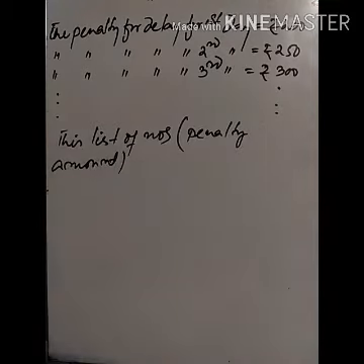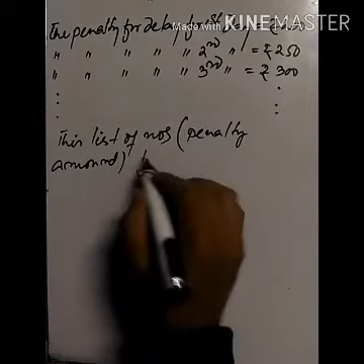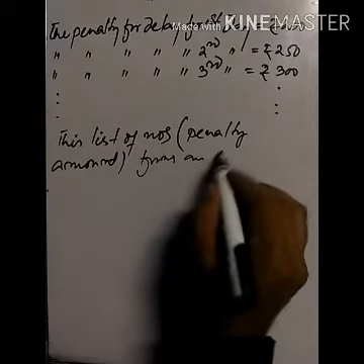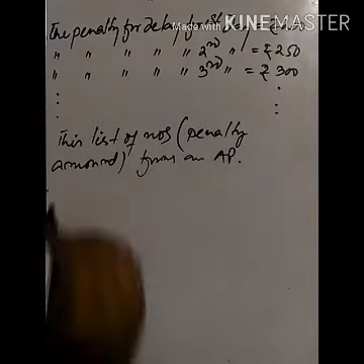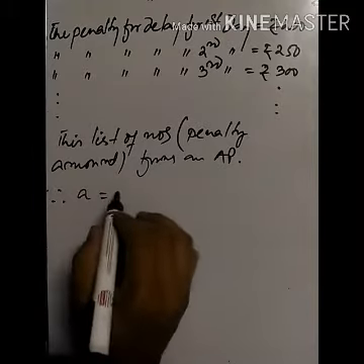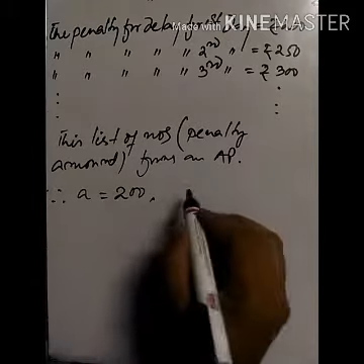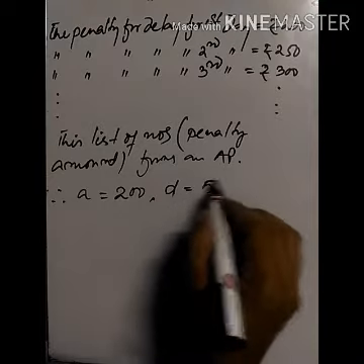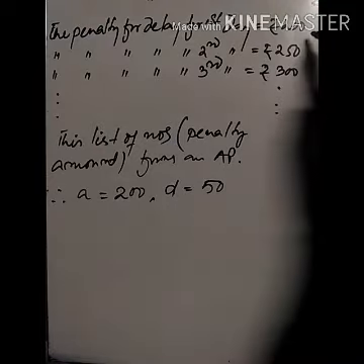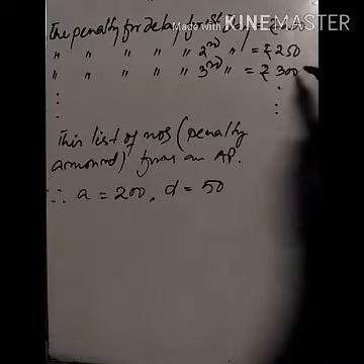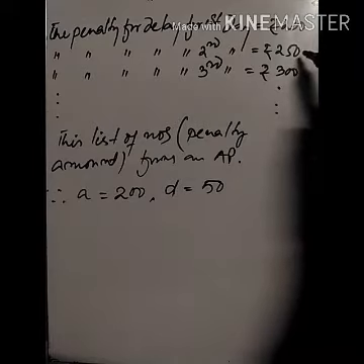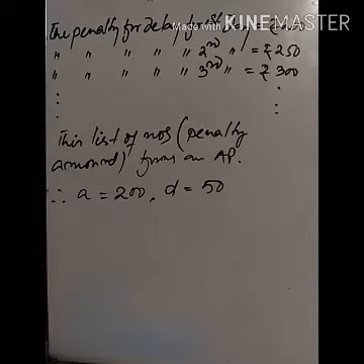You can give it inside a bracket; it forms an AP. Therefore the first term will be 200 and the common difference will be 50, because it just increased by 50, 50, 50. The succeeding day is actually 50 more than the preceding day, so d is 50.